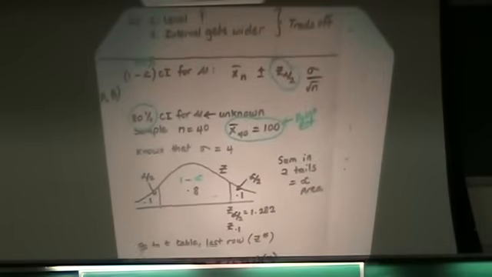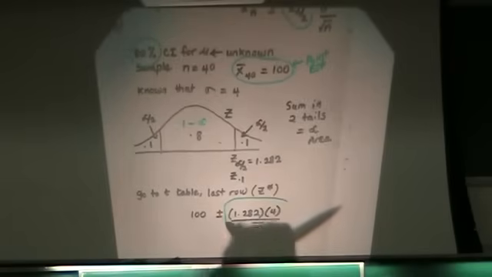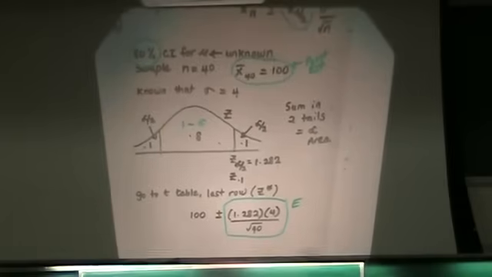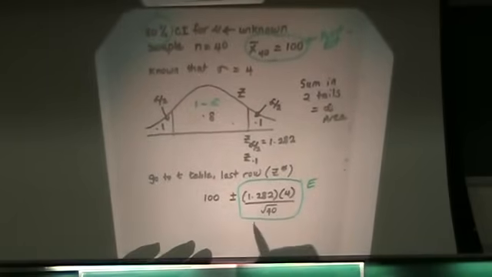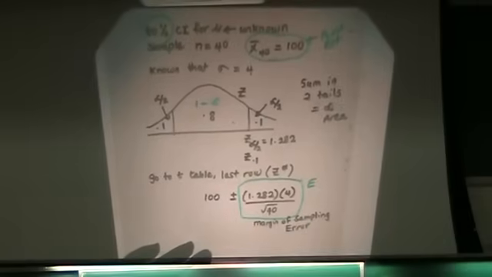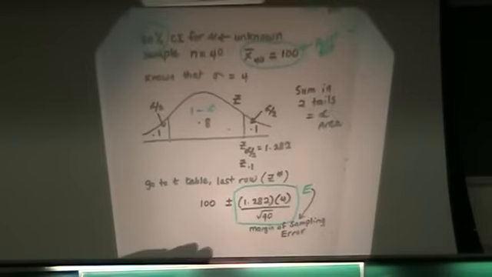This whole part is called E, the margin of sampling error.